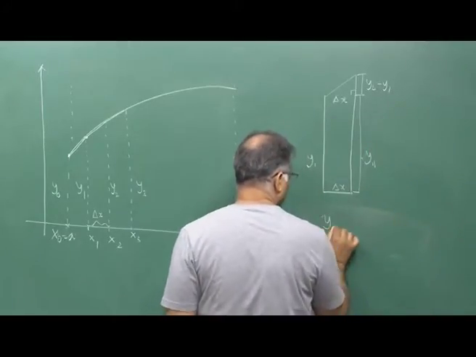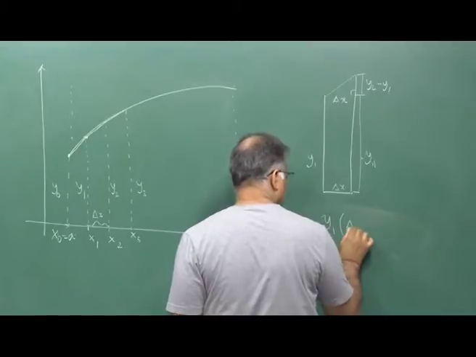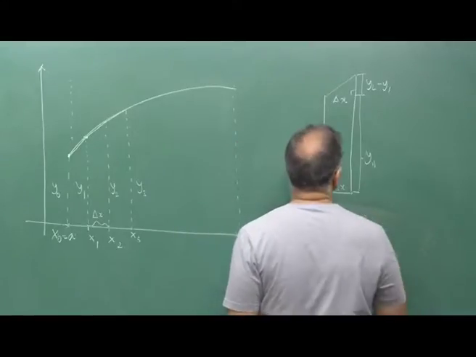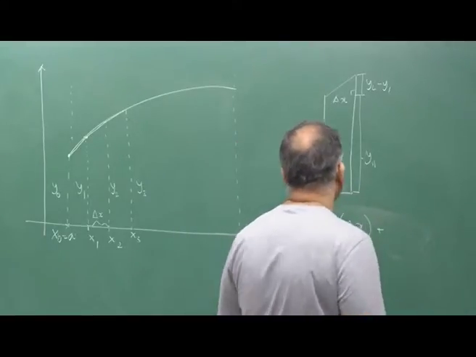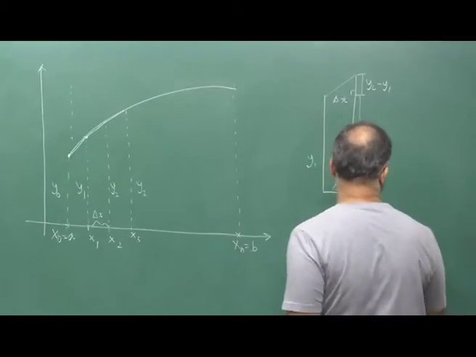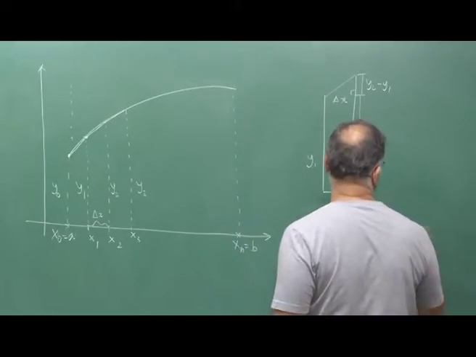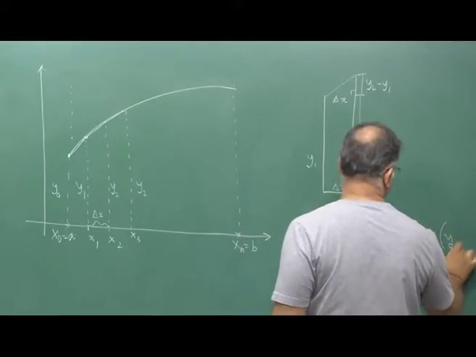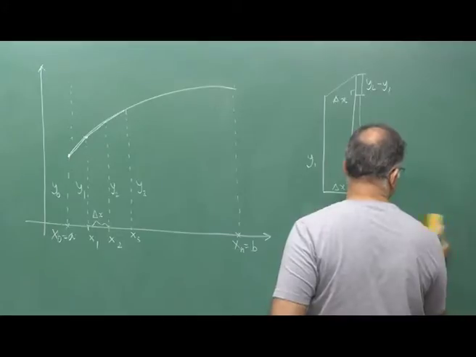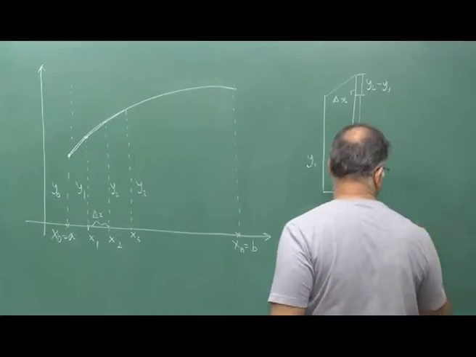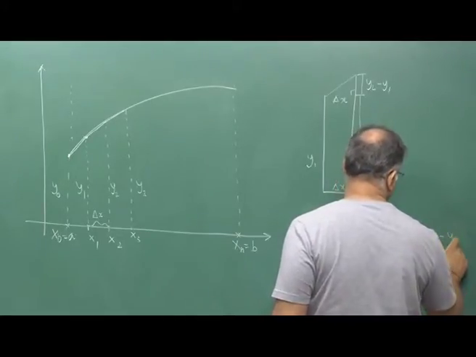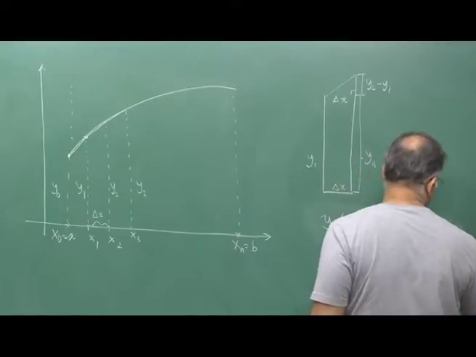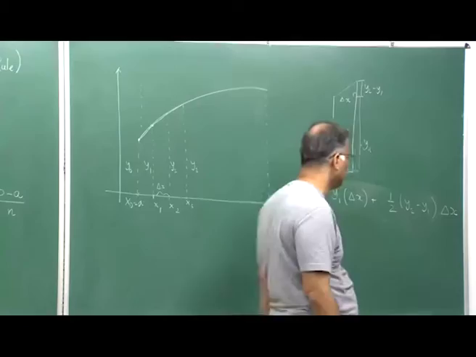So, it is y1 into delta x plus the area of this triangle. So, it is half of y2 minus y1 into delta x, half base into altitude. I am just writing it so that it looks much cleaner.